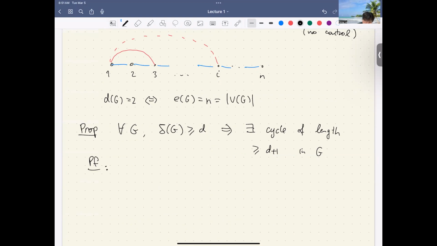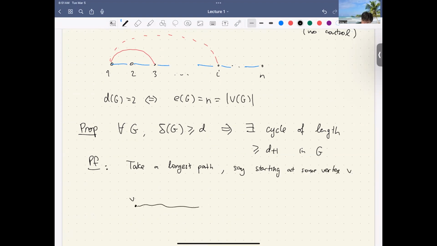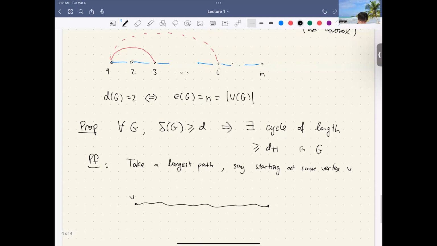So the proof is, let's take the longest path, starting at some vertex V. So here's our path. This is the longest. Here's the end vertex.